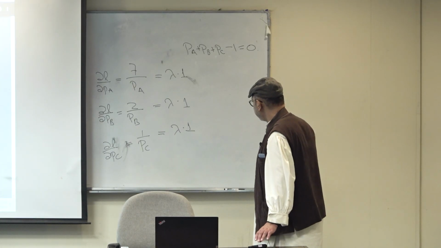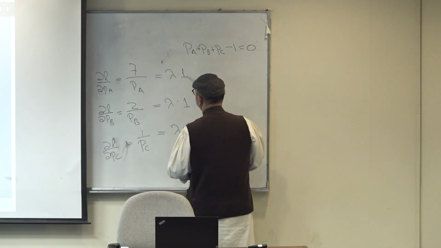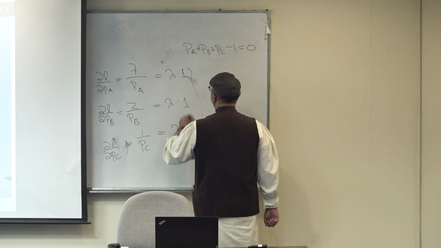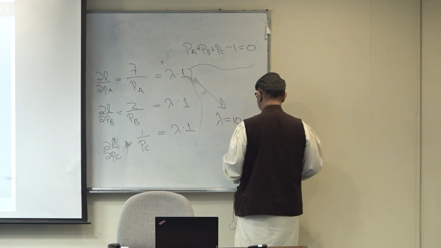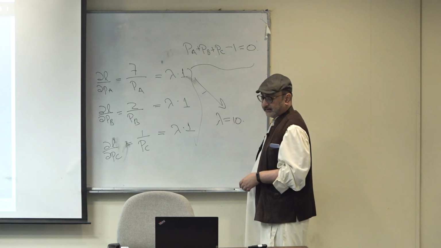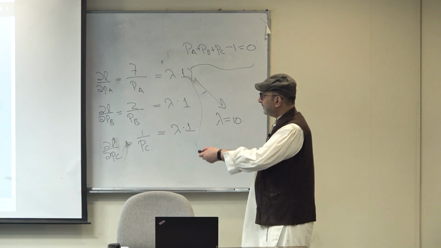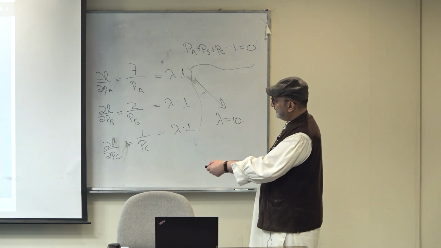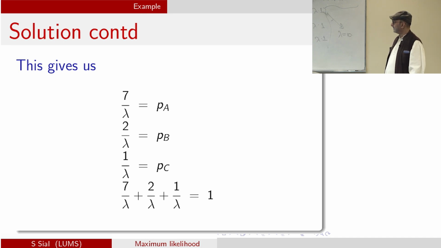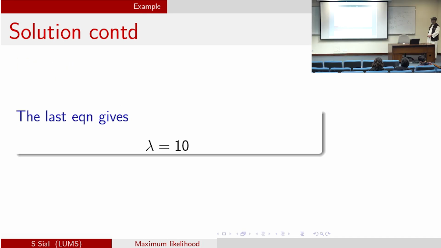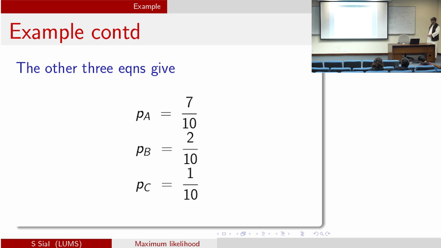Now, once I have lambda equal to 10, I put it back in here. P sub a is equal to 7 over 10. P sub b equals 2 over 10. P sub c equals 1 over 10. Okay, and this is what we said intuitively. We believed that it would be.